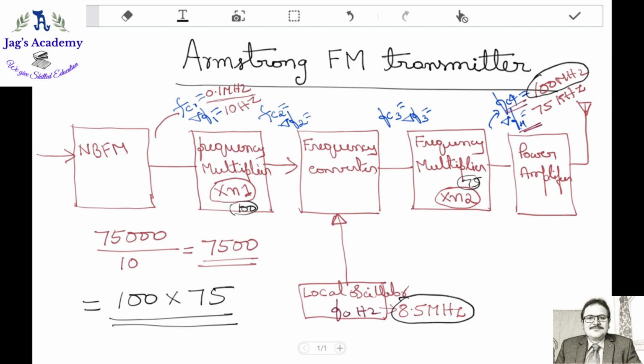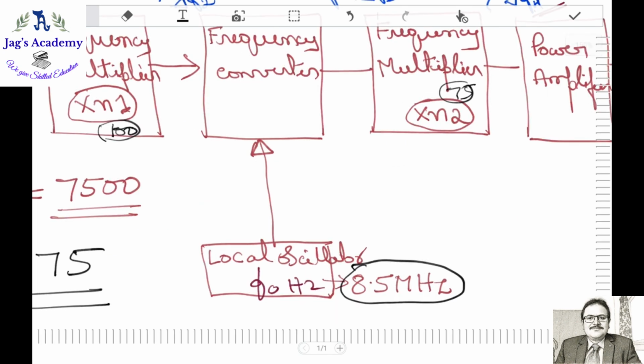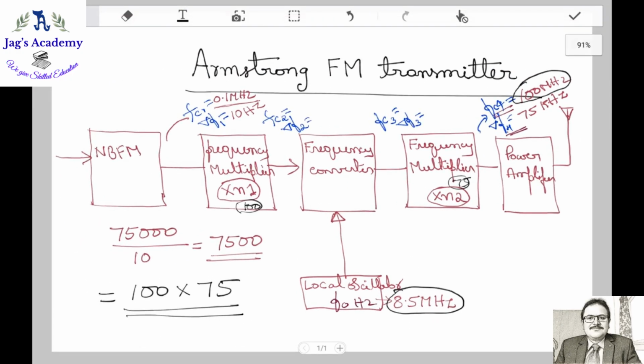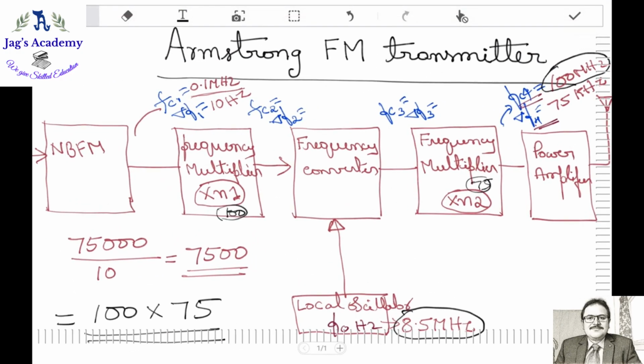So you get 10 megahertz. Of course, delta F2 will be 100 into 10 hertz, which is 1 kilohertz.